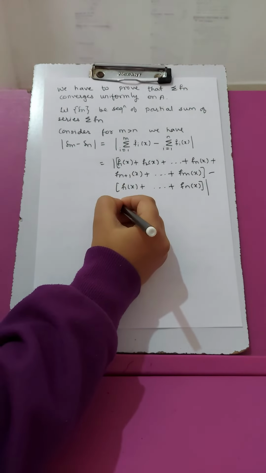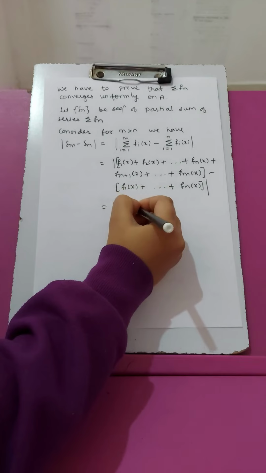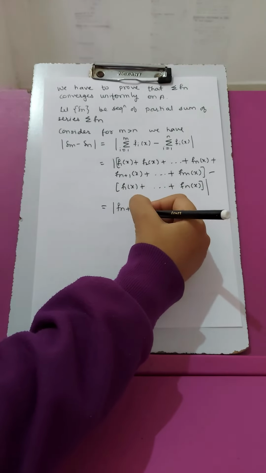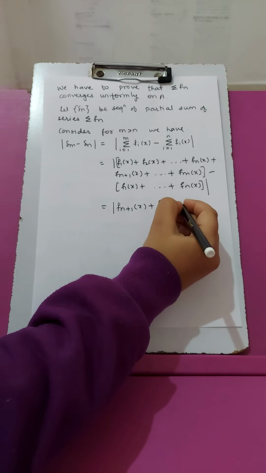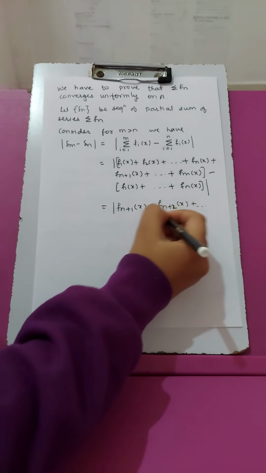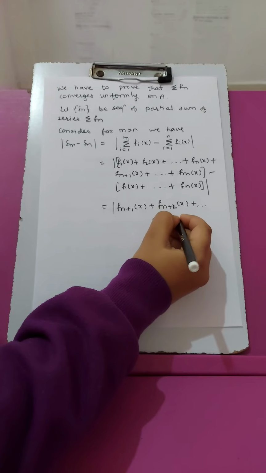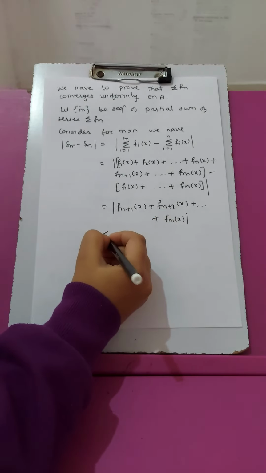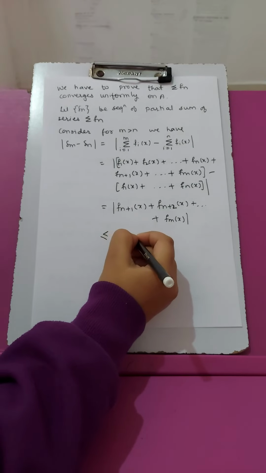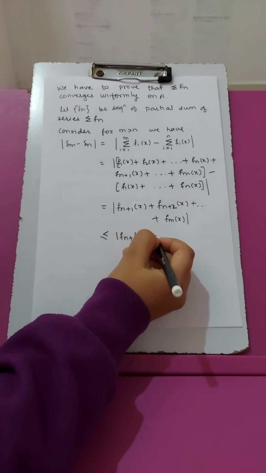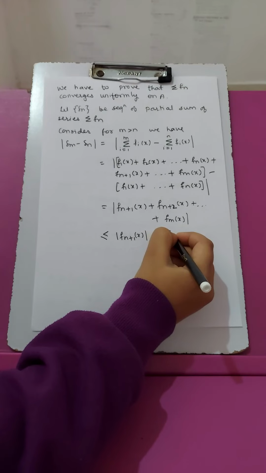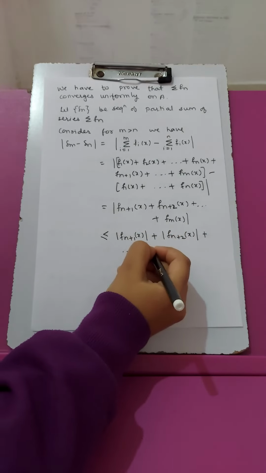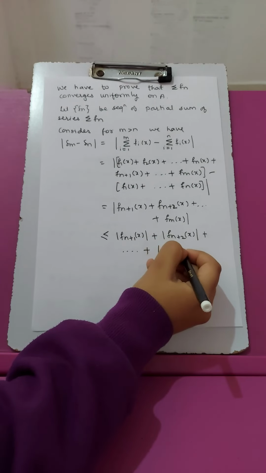The remaining terms will be fn plus 1 of x plus fn plus 2 of x plus up to fm of x. Separating the modulus, this is less than or equal to |fn plus 1 of x| plus |fn plus 2 of x| plus up to |fm of x|.